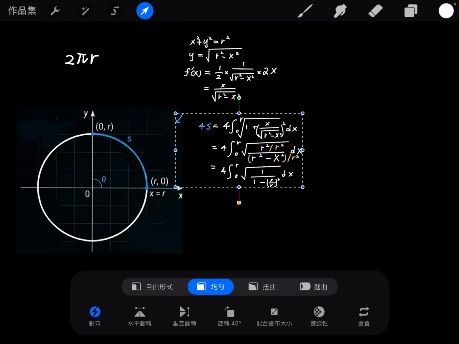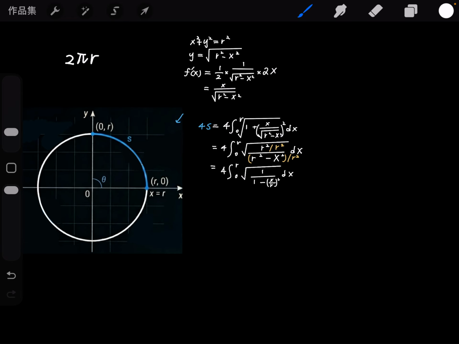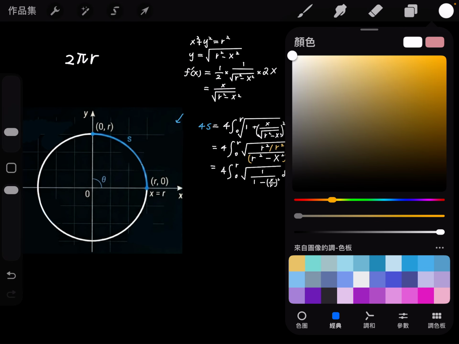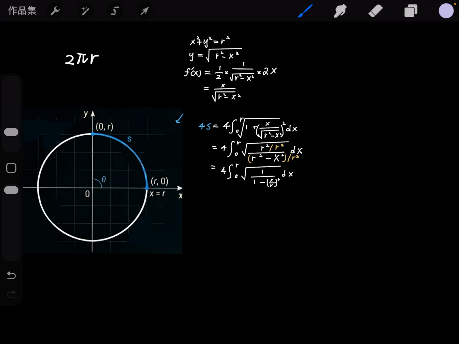So we all know when we see this kind of function, then we will use the trigonometric substitution, right? Because you can assume sine theta equals x over r, which your dx will be r times cosine theta.